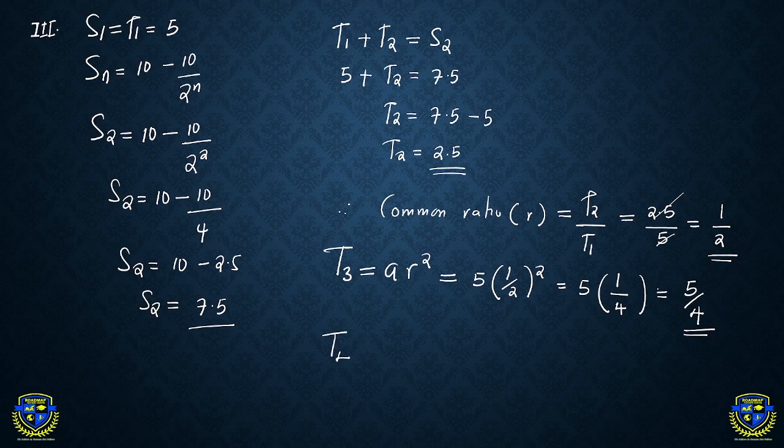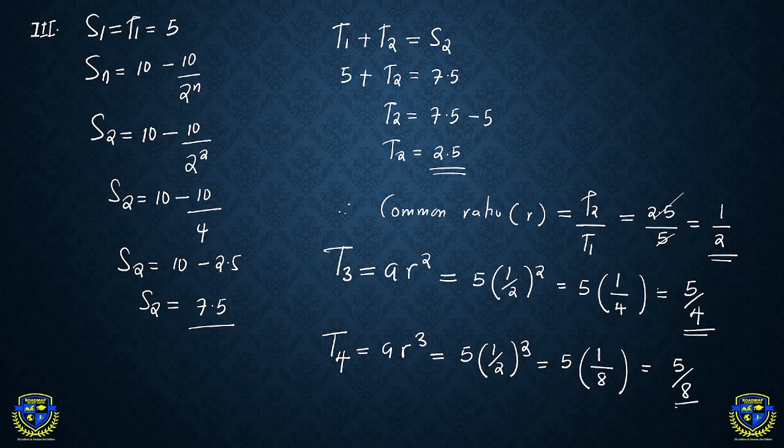We shall say the fourth term there, it's going to be a r to the power 3. First term being 5, and 1 over 2 to the power 3. So we write your 5 there. 1 to the power 3 is 1. 2 to the power 3 is 8. So 5 multiplied by 1 is 5 over 8.